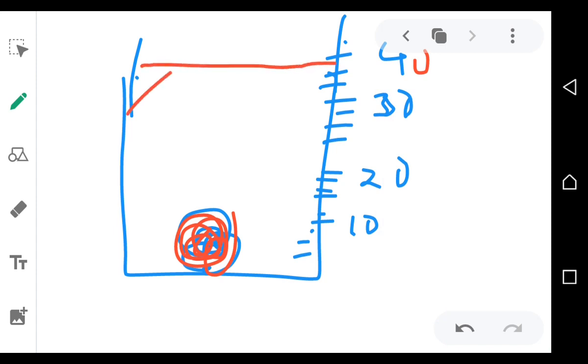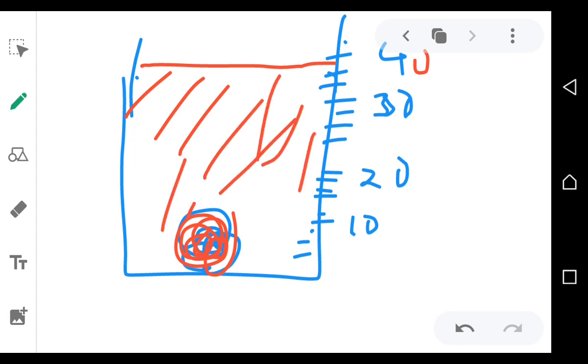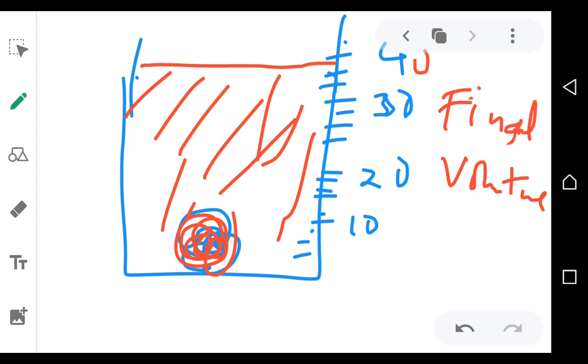This is the new volume, the final volume after the stone was put, since the initial one was before anything entered the water. The final volume is now 40 cubic centimeters.